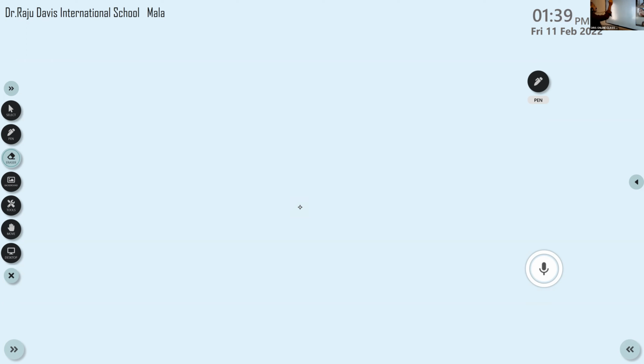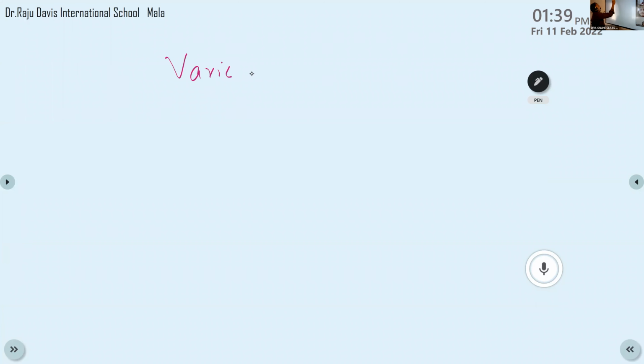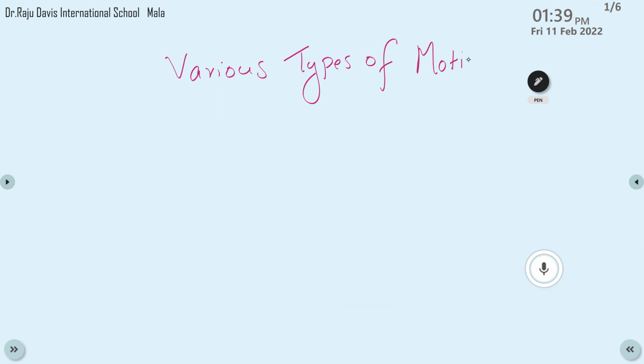Various types of motion. We have already seen a vehicle moving on a straight road, the march past of soldiers in a parade, and the falling of a stone.